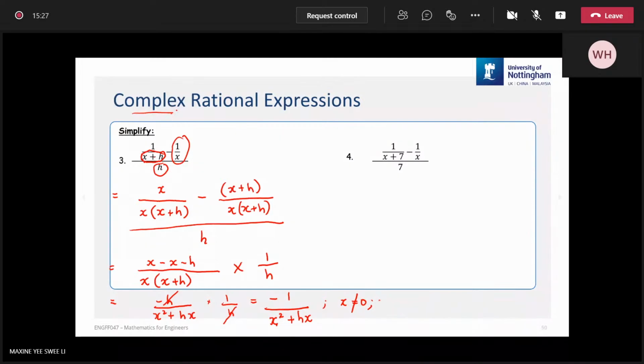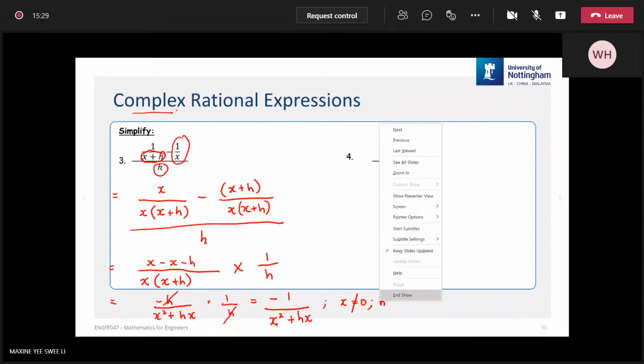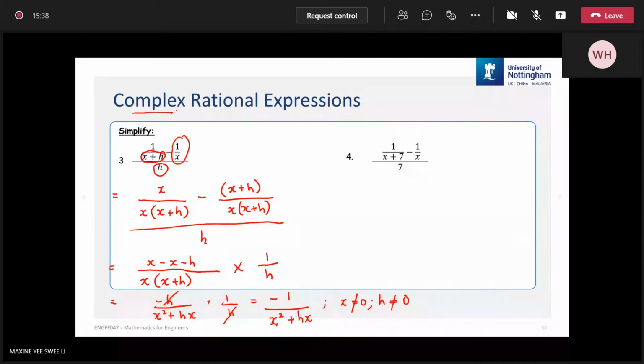Yes, negative h. H cannot be... Oh, what happened? H cannot be equal to 0 anymore. If you look at this rational expression, the denominator is x plus h, right?